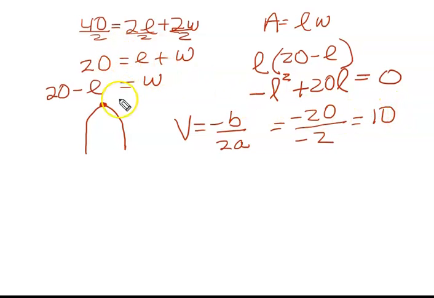Well, we go back to, we didn't make a picture of this, but we said that if one side is 10 and the other side is 10, we don't really have a rectangle here, we have a square. So our dimensions, once we subtracted this 10 from the 20 that we had left there, is 10.